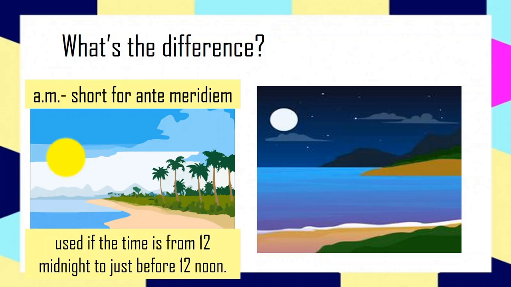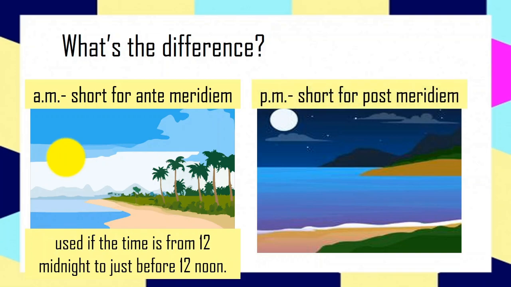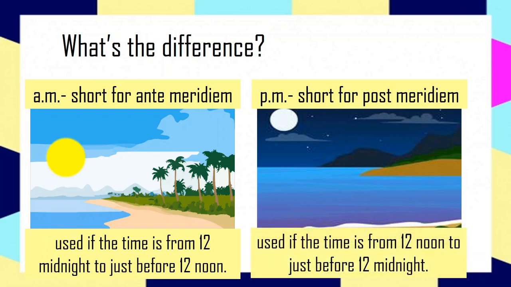Say for example, we are having breakfast in the morning or at 8 a.m. While for evening or for afternoon, we use the abbreviation PM, which is short for post-meridiem. It is used in telling time during afternoon and also in the evening, or from 12 noon to just before 12 midnight.